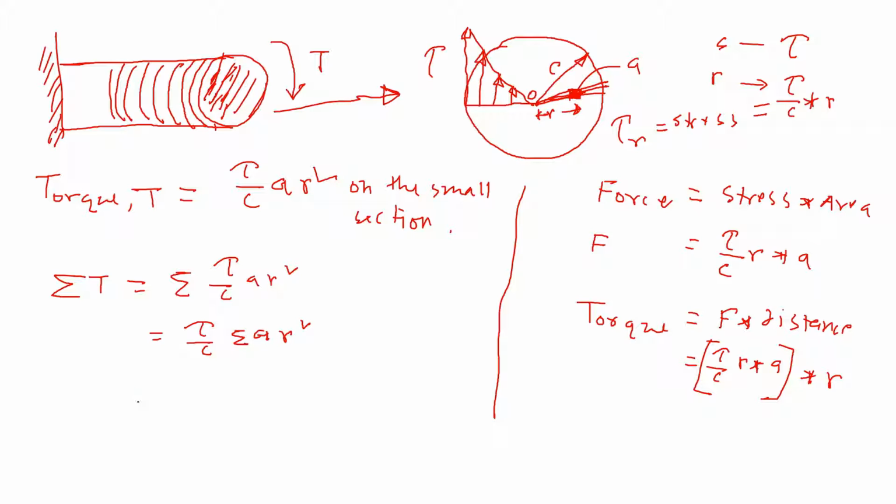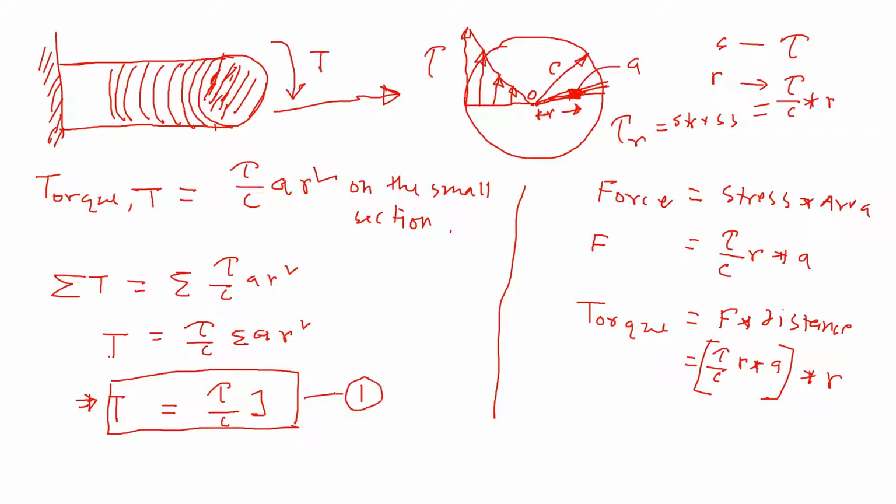If you remember, the summation of A R squared is basically the polar moment of inertia, which is expressed by J. So that is the first relationship to get internal resisting torque.